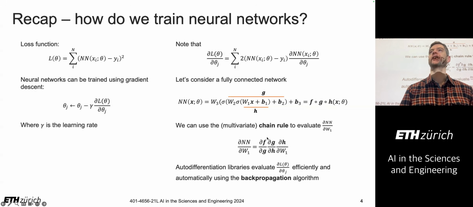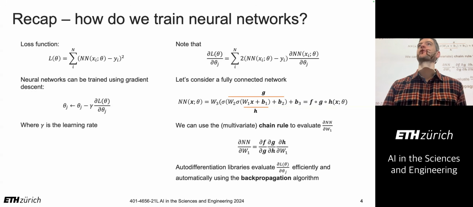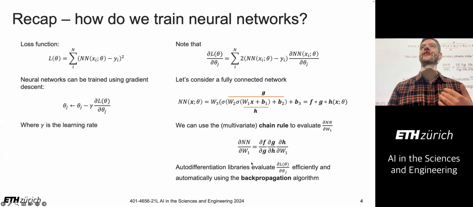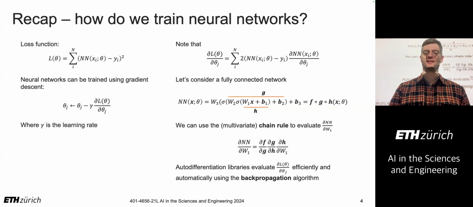So this is multiplication of Jacobians. But in practice, we don't have to worry about this when we're actually doing this in PyTorch or TensorFlow. Auto differentiation handles this, and the backpropagation algorithm is an efficient algorithm for evaluating these gradients. And we're going to talk a lot more about autodiff in the second half of the lecture series when we talk about differentiable physics.